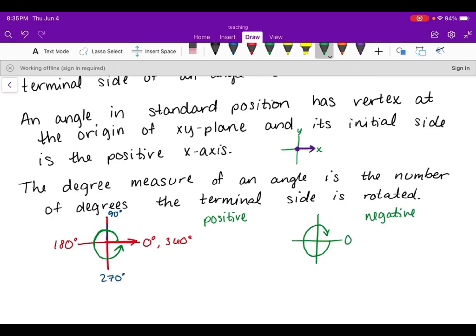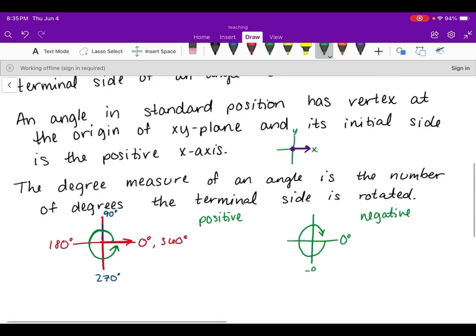So if we look here, we would still start at 0. This would be negative 90, negative 180, negative 270, and this would be negative 360. We will talk about negative angles a little bit, but for the most part, there is a way to avoid using negative angles, and I'll show you that later in this section as well.